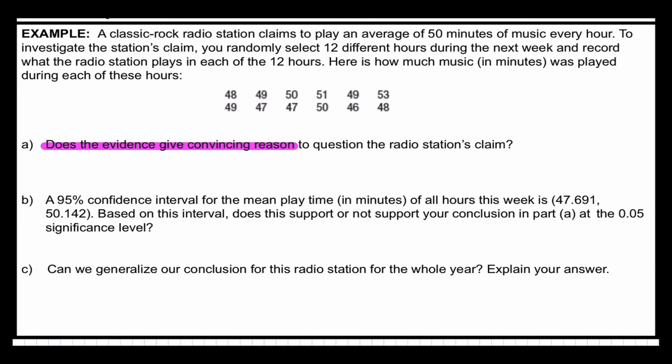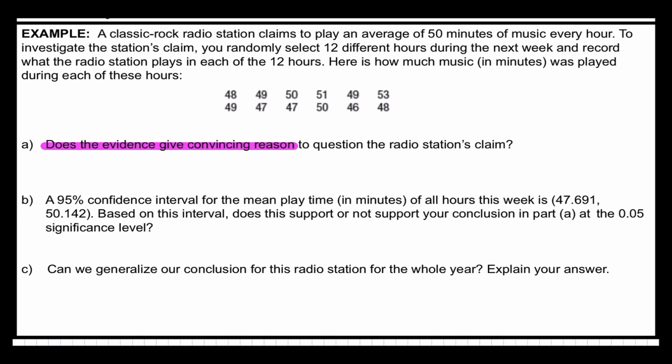Okay, so a classic rock radio station claims that they play an average of 50 minutes of music every hour. So 10 minutes of commercials, 50 minutes of music every hour. That's their claim. To investigate the station's claim, you randomly select 12 different hours during the next week, listen for an hour, and record how much music they play.